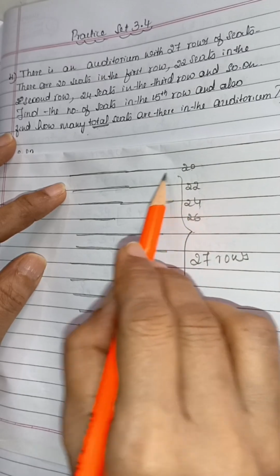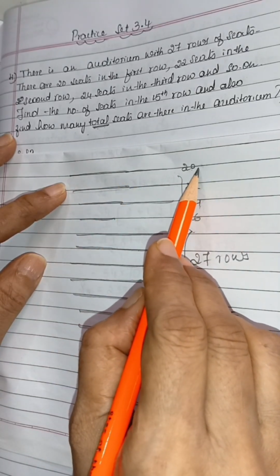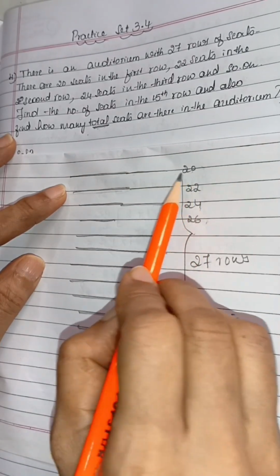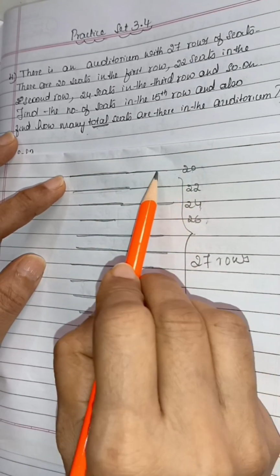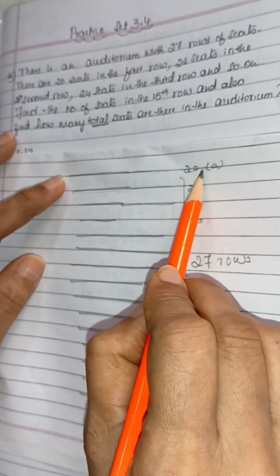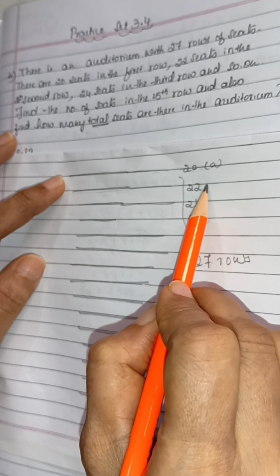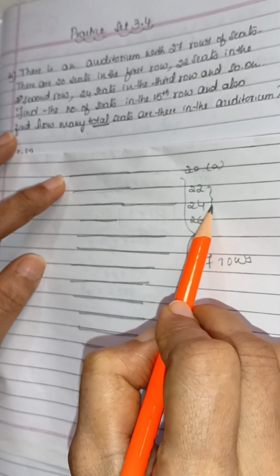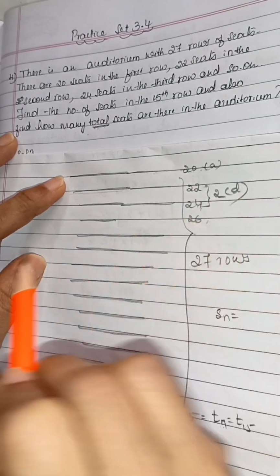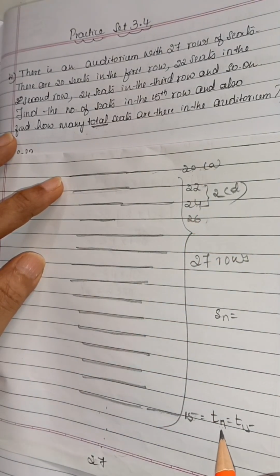The number of seats in the rows makes an arithmetic progression, with the number of seats in the first row, A, equal to 20, and the difference between the number of seats of two consecutive rows, D, equal to 2.